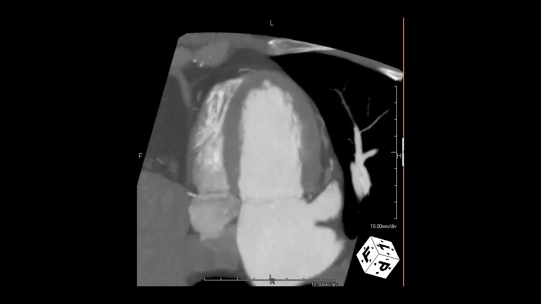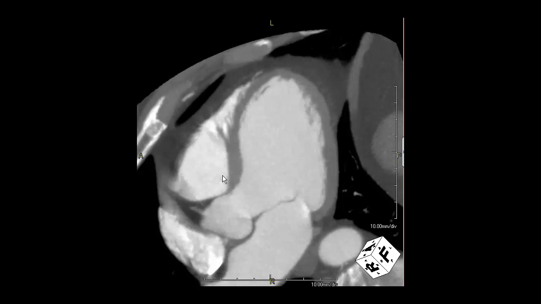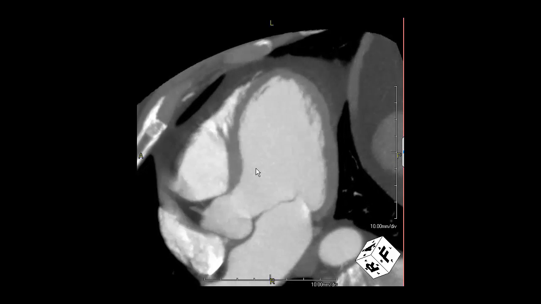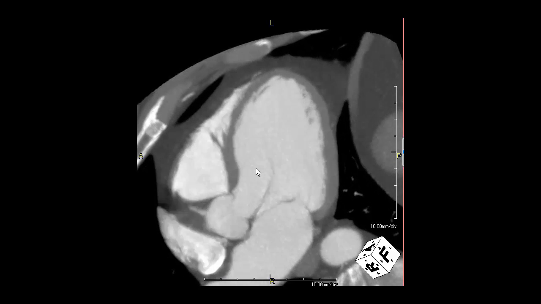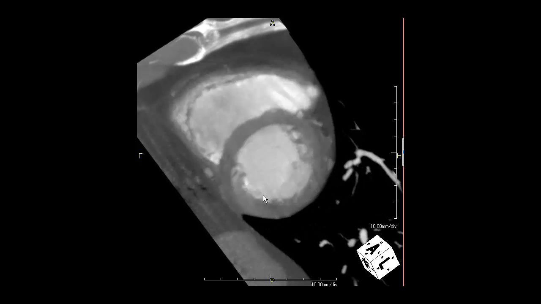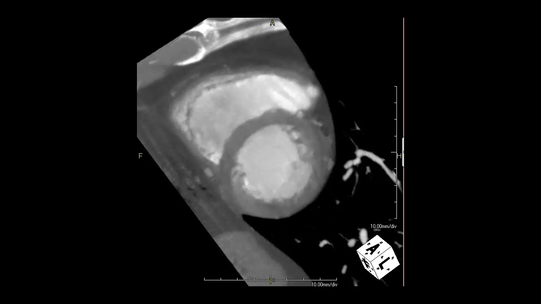If we look at the vertical long axis view, anterior wall, apical and inferior wall, there may be some suggestion that the overall global EF is somewhat on the low normal range. If we then proceed to a short axis view, we can see that there continues to be overall normal function, although a suggestion that the global EF may be somewhat in the low normal range.